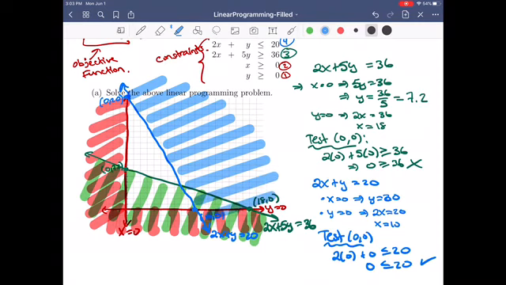So all of that's gone. So I end up with this feasible set here, which has 3 corner points. So let's call that A, let's call that B, and this one here is C. So we need to find C. We already know A and B.